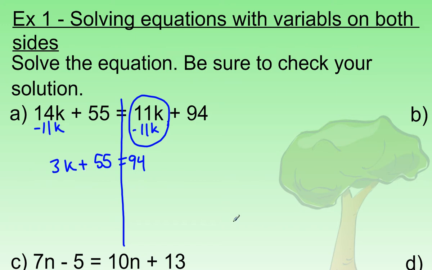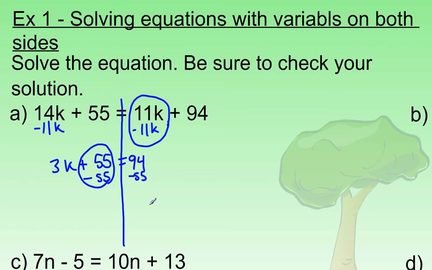Now, if you look at that, that looks like an equation from the last lesson. We have one variable. This is what's actually called a two-step equation. It's going to take 2 steps to solve this. We're going to get rid of the add and subtract. Then we're going to get rid of the multiply and divide, and we'll be done. So, minus 55 on both sides. These cancel out.